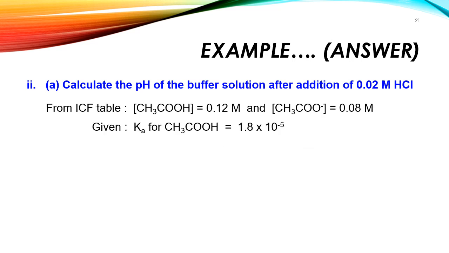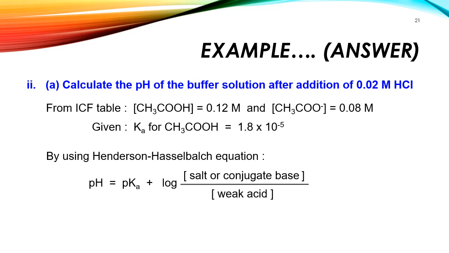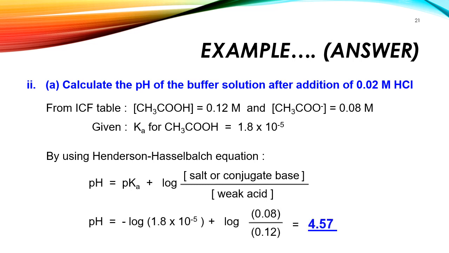From the ICF table, the calculated concentration of ethanoic acid is 0.12 molar and of ethanoate ion is 0.08 molar, remaining in the buffer solution. By using the Henderson-Hasselbalch equation and substituting all the values obtained from the calculation, it will give a pH of 4.57.